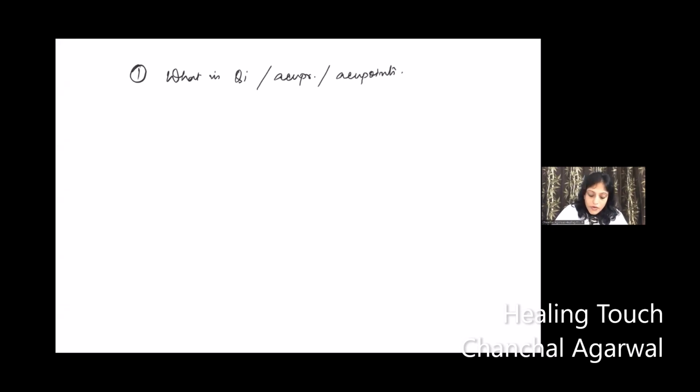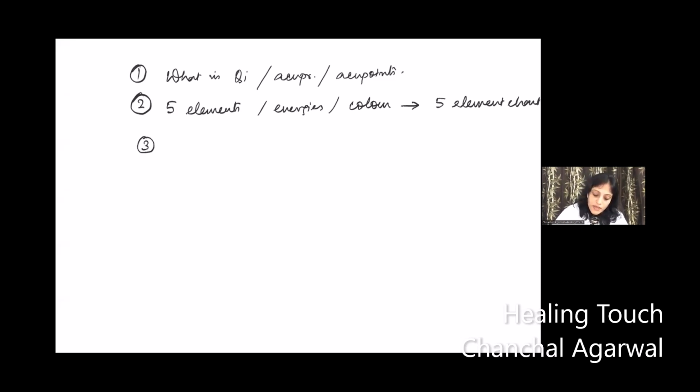What was the second area? That should be clear to us. What are the 5 elements, its energies, colors. That means the 5 element chart. It is very important. What is the third one? Third one is 5 shu points.